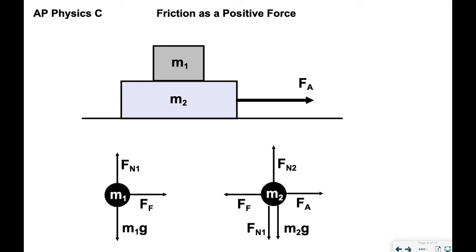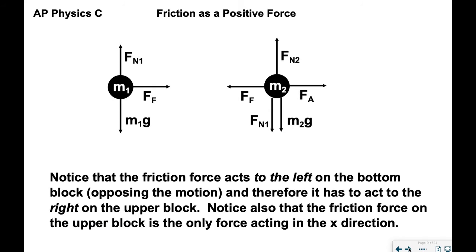And if we look at M2, again, we have a normal force acting up. We also have the normal force from M1 pushing down on M2, as well as its own weight, M2 times g. The applied force on M2 acts to the right, and then we see the same friction force that is pulling M1 to the right is pulling on M2, but in the opposite direction, to the left.